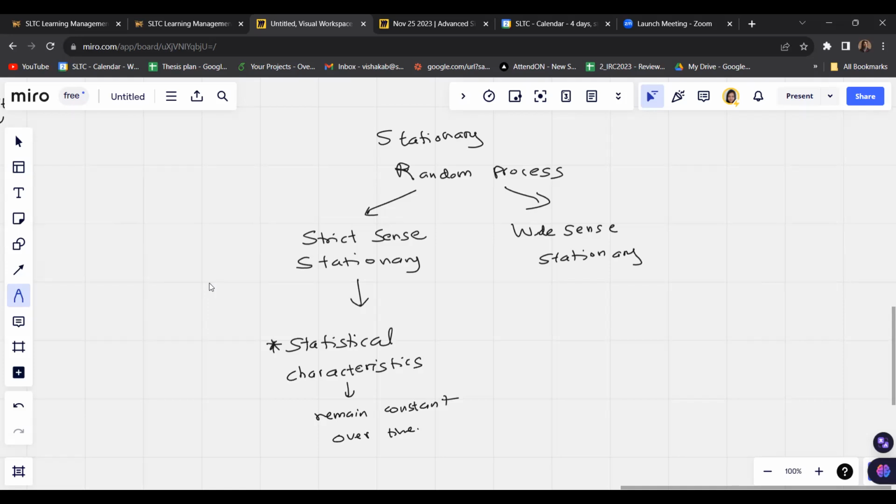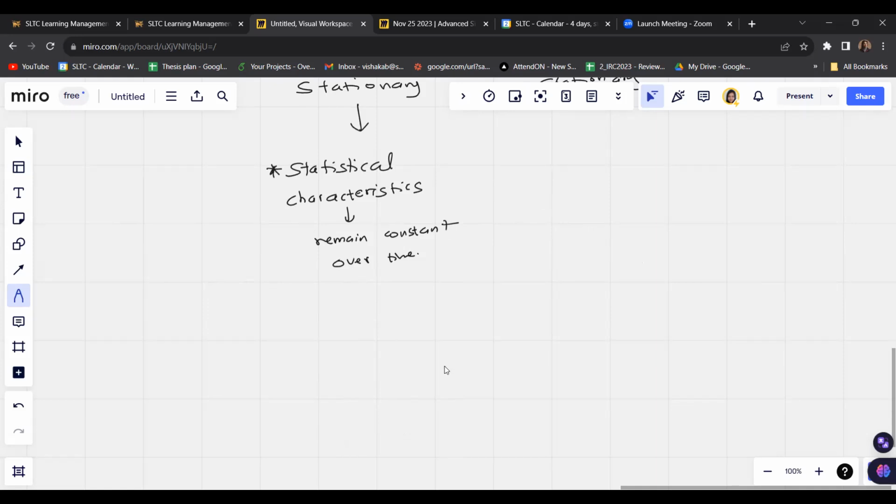So for a strict sense stationary process, the statistics that we consider here are statistics up to the nth order, right? Basically, the statistics are not affected by any shift in time.